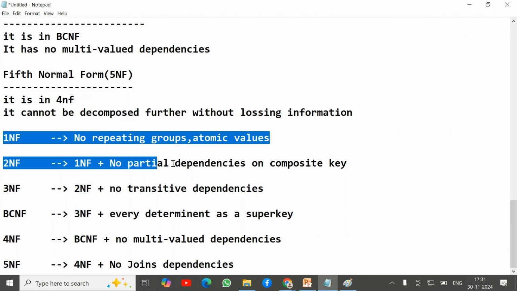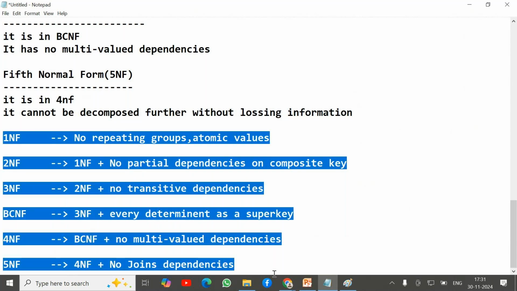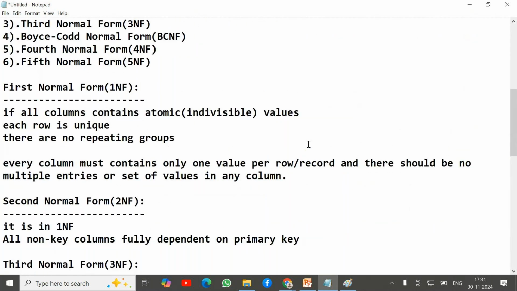This is about normal forms. No repeating groups and atomic values in 1NF. 2NF means 1NF plus no partial dependence on a composite key. 3NF is 2NF plus no transitive dependencies. BCNF is 3NF plus every determinant is a super key. 4NF is BCNF plus no multi-value dependencies, and 5NF is 4NF plus no join dependency. This is about normalization and normal forms.